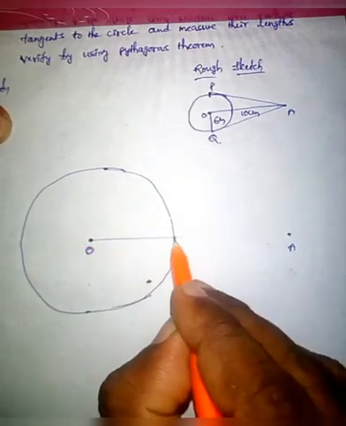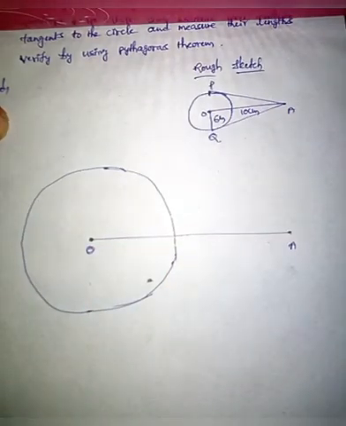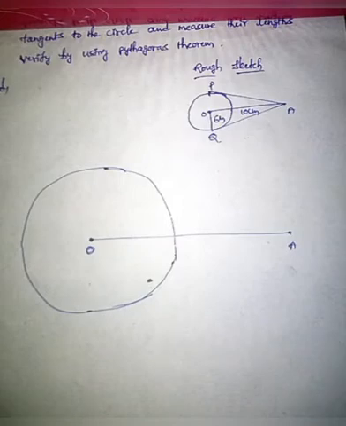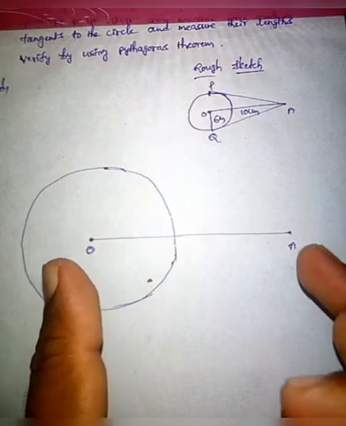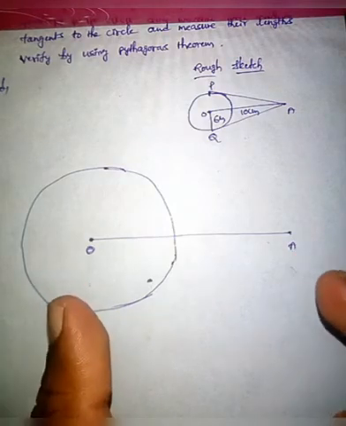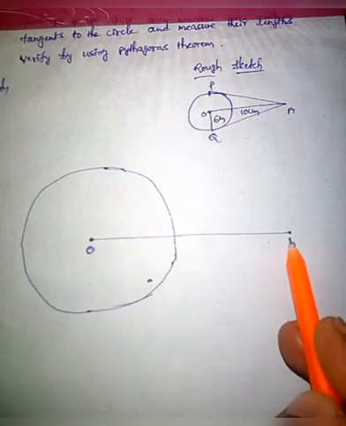Now join OA, and then draw the perpendicular bisector of this line. You know how to draw the perpendicular bisector of any given line? Yes. First of all, measure the length of the line.